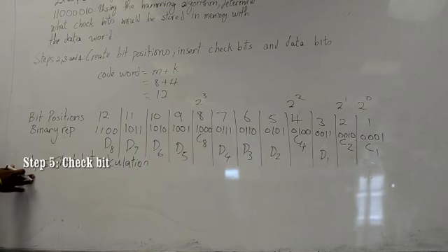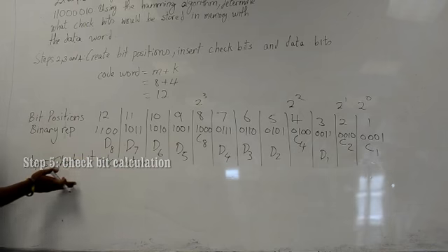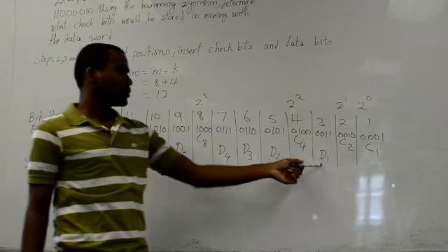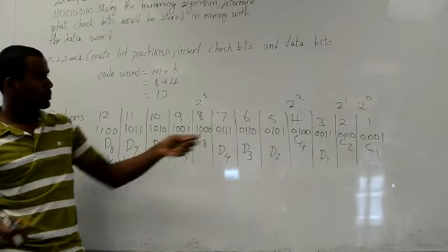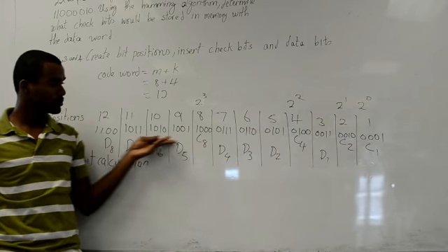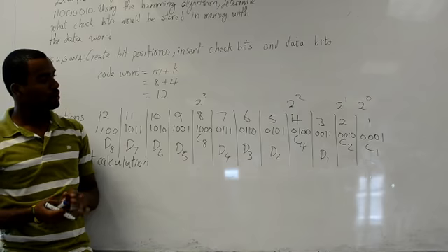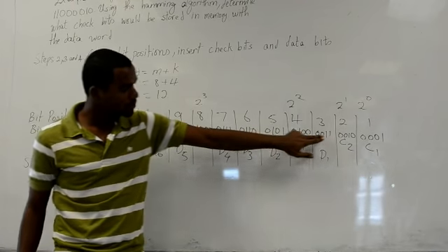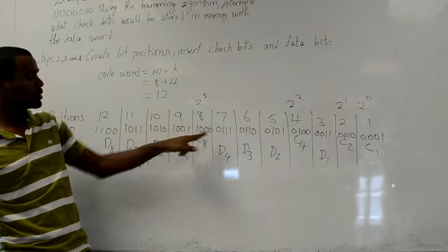Step 5 is to calculate the general formula for each check bit. Now we're going to start with check bit 1. And to determine what data bits we add, we simply look at the binary representations and we look for each data bit that has a 1 within the 1's position.